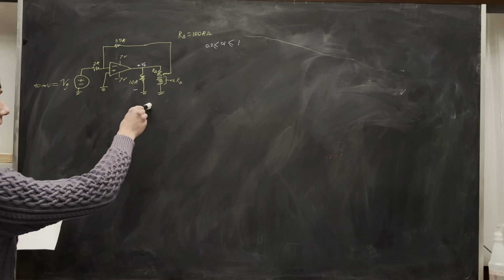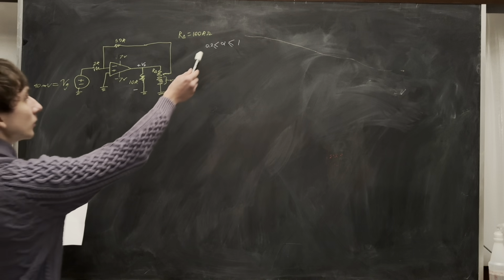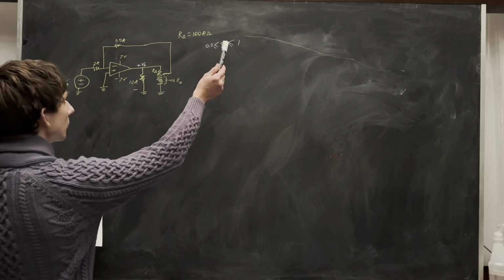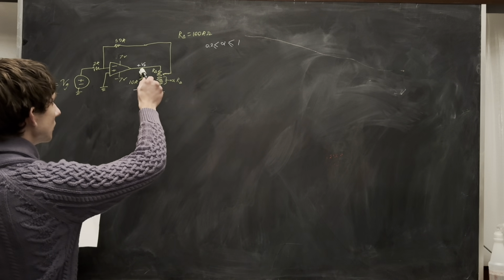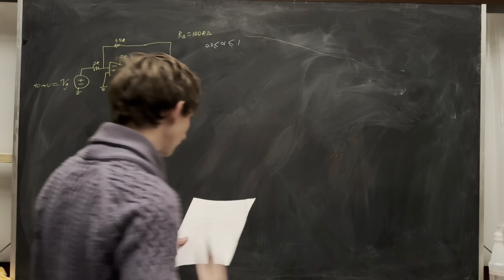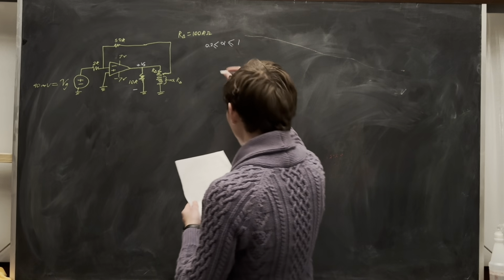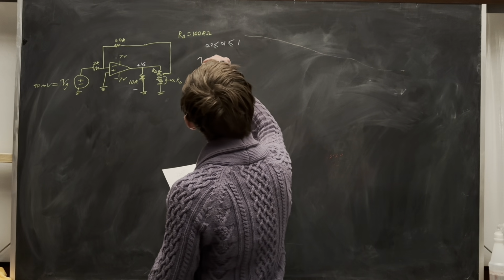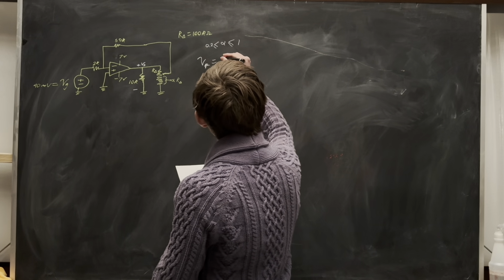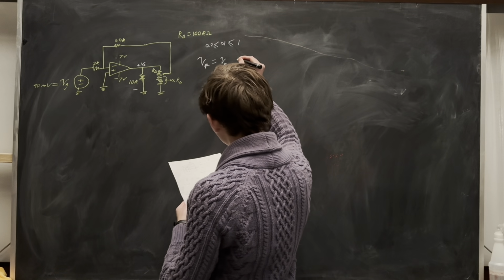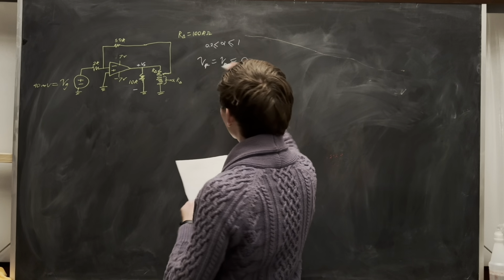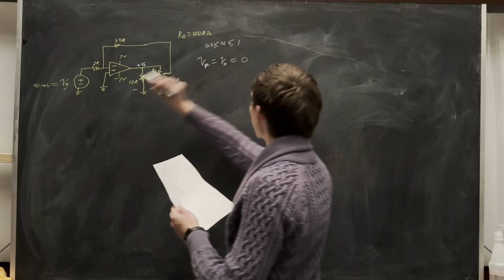Part A asks us, alpha varies from 0.2 to 1, how much V out varies. So start by assuming the op amp is ideal. So Vp equals Vn, which both equals 0 because we're grounded here.